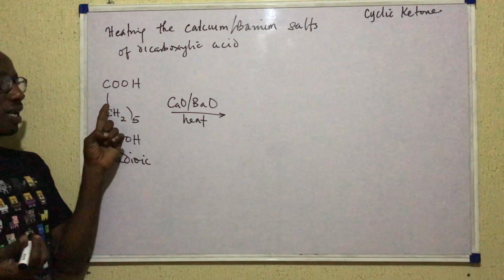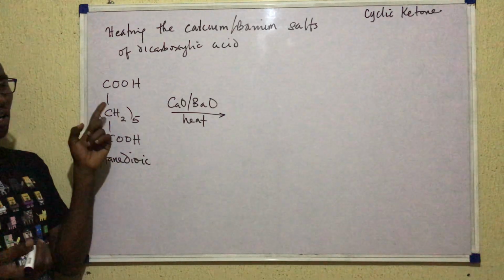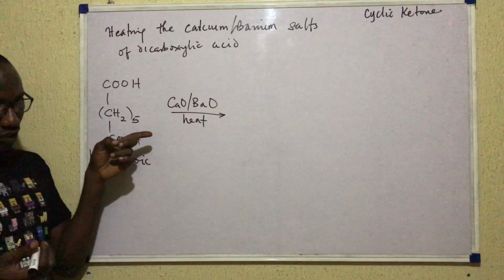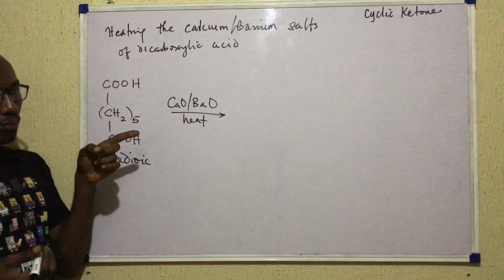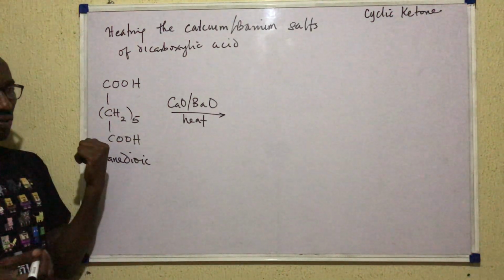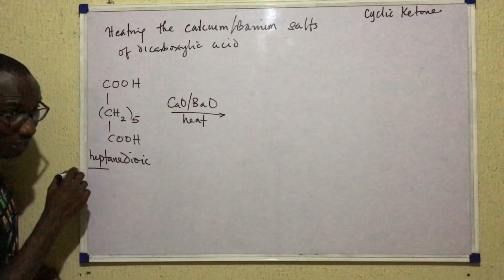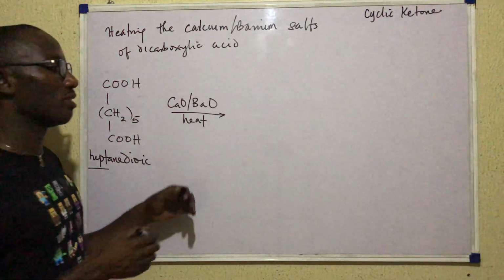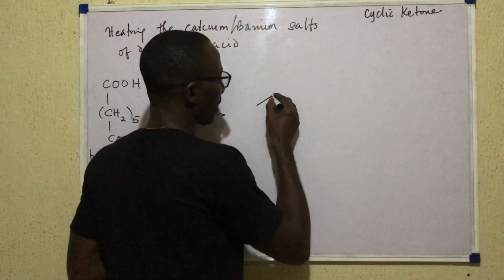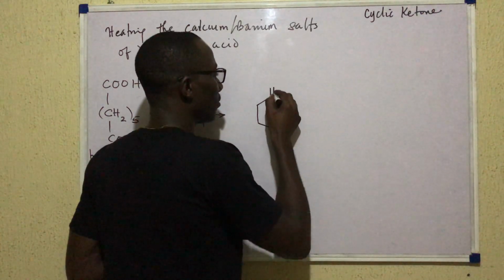So one carbon atom will be lost from this reaction. That means the final product will be 1 carbon less than the initial material. Since this initial material is a hept that has 7 carbons, we expect the final material will have how many carbons? 6. Yeah, we draw the final material like this.